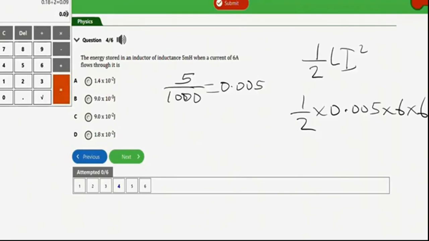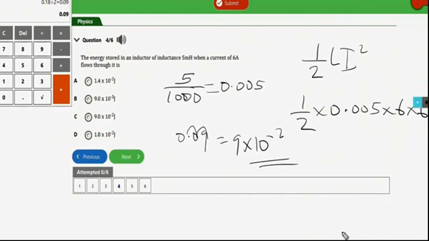So we're going to have 0.09. Another way you can write 0.09, if you want to put it in standard form, is this: this is the decimal value, 0.09. You move the decimal forward twice, 1, 2. So it's 9 times 10 to the power negative 2. So the right option in this question is option C, 9.0 times 10 to the power negative 2 joules. That's it for this question.